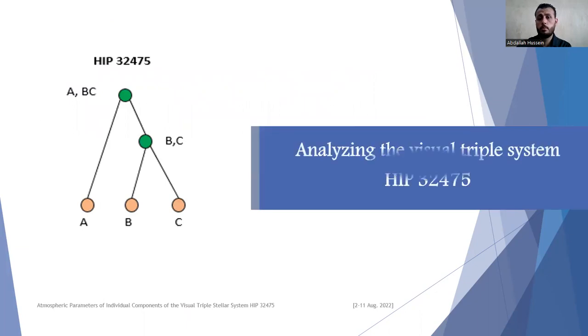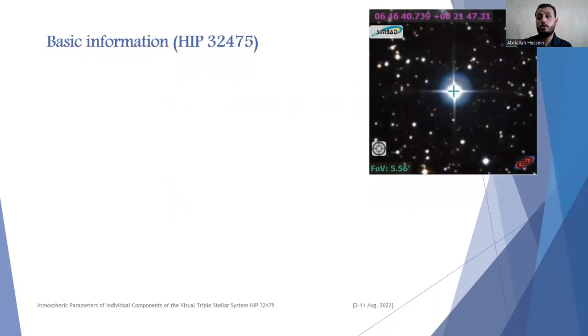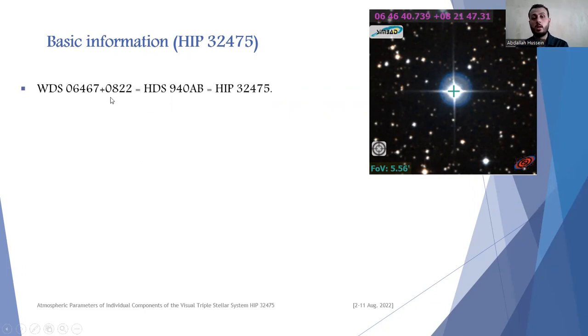First of all, we will talk about the system Hipparcos 32475. As shown here, this system is located at 6 hours. These are some identifiers in different catalogs such as the Washington Double Star catalog, Hipparcos double stars, and the Hipparcos catalog.